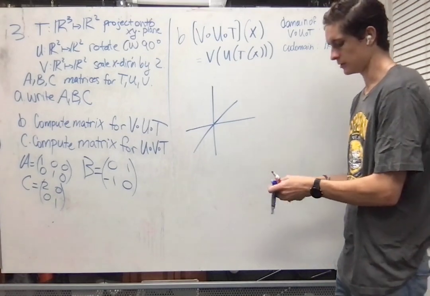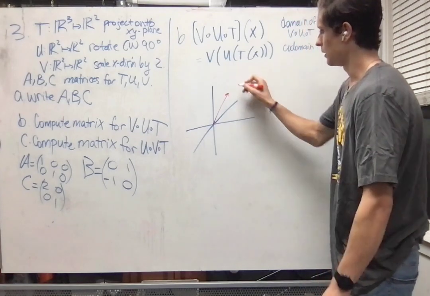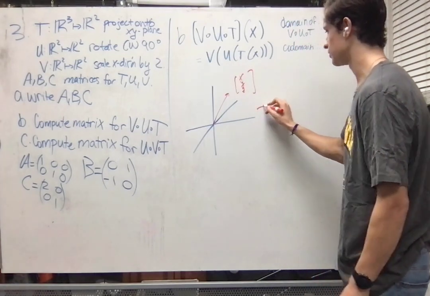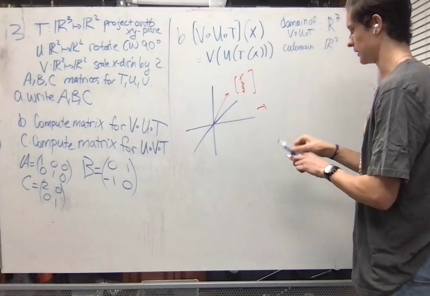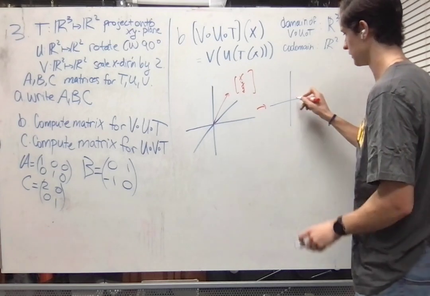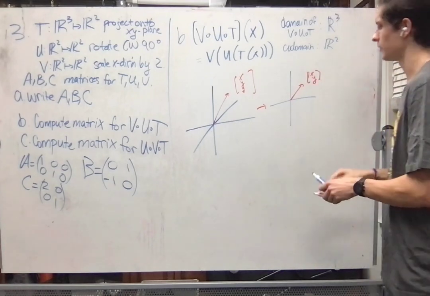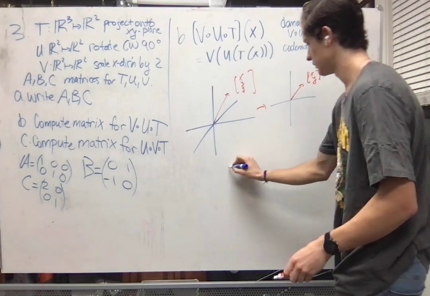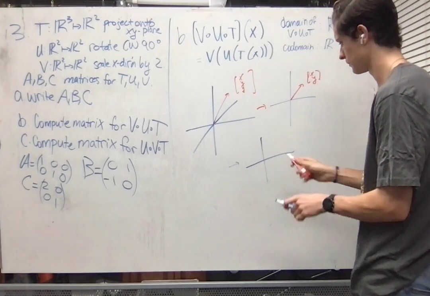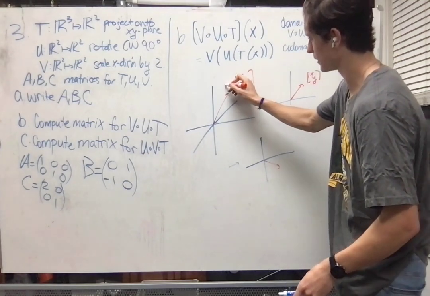Okay? So first we're going to take a vector x, y, z. And then we're going to drop its z component, and we're going to end up in R2 at x, y. And then we're going to rotate clockwise by 90 degrees. So let's call this x.